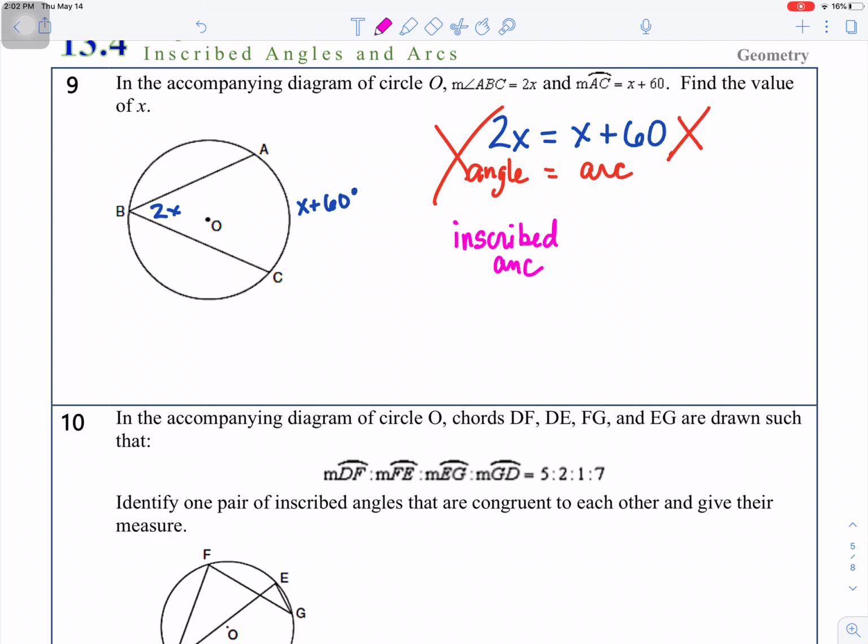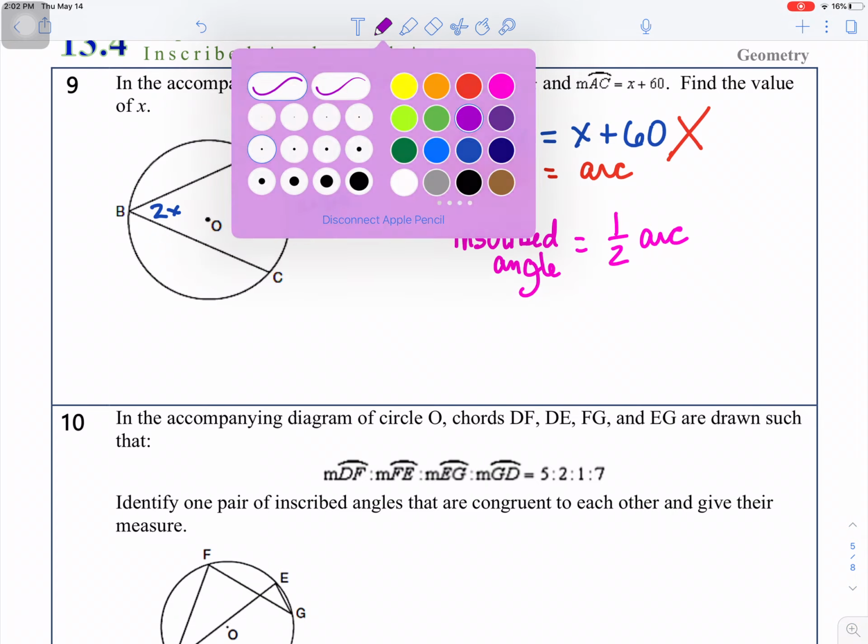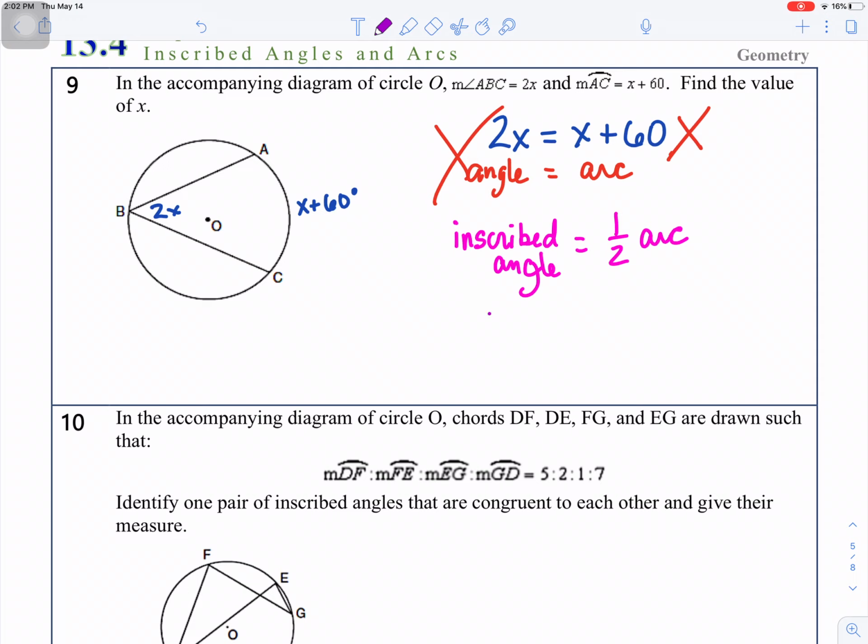Sorry, my phone is ringing. Inscribed angle is 1/2 of the arc it intercepts. So 2x is 1/2 of x plus 60. Now you might not like that 1/2. So what you could do is multiply both sides by 2.